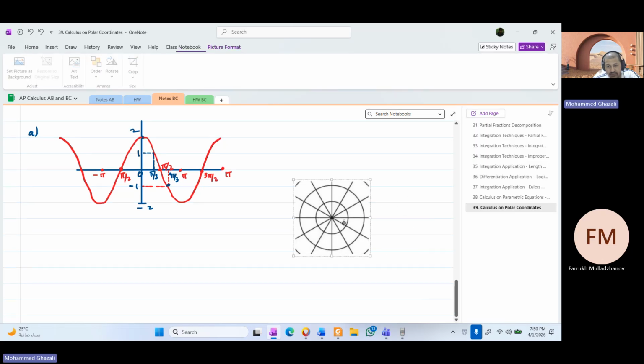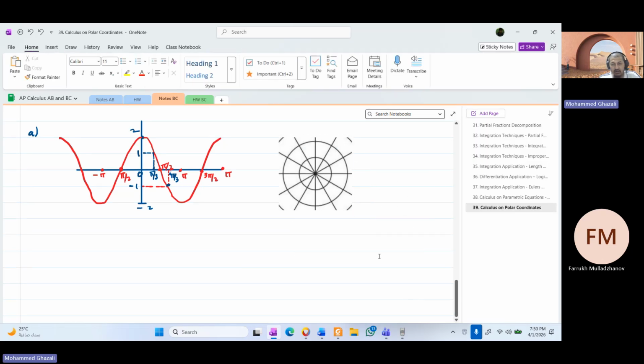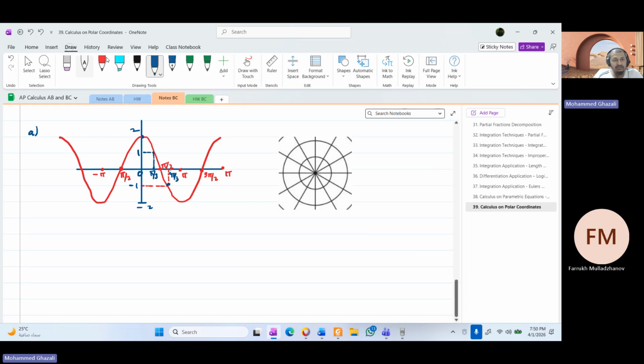So what I have done here is these are all the important points. Look here. This is the pi by 2 line. This is the 3 pi by 2 line, right? This is the 0 or 2 pi line. And this point over here is basically the pi line, right? So that's 90, 180, 270, 360.